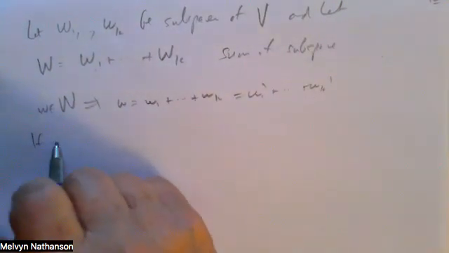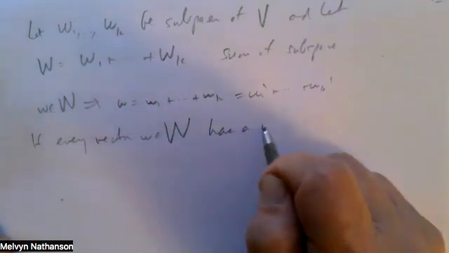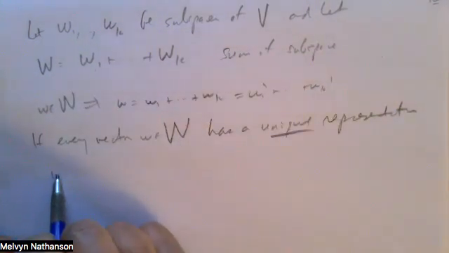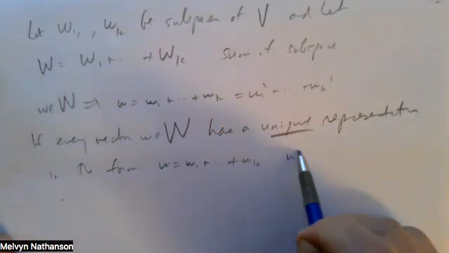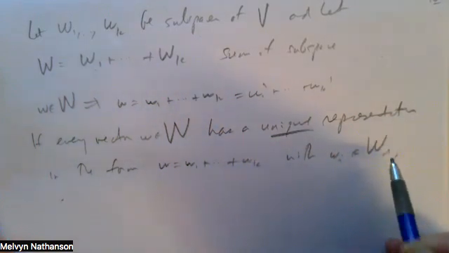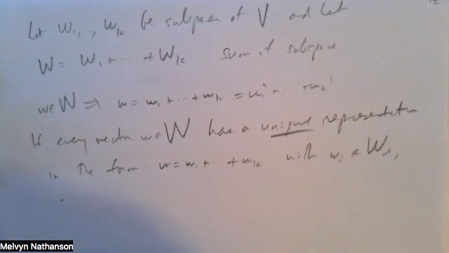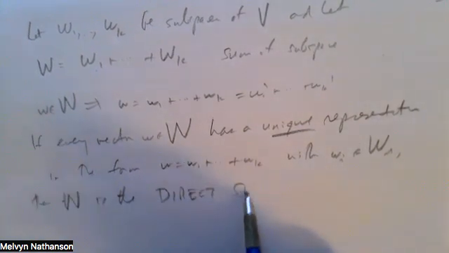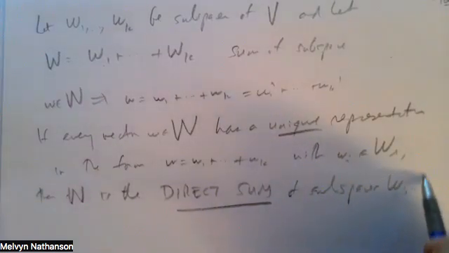If that doesn't happen, if every vector W in the subspace W has a unique, that means one and only one, representation in the form W is W1 up to WK, with Wi in capital Wi, then we say W is the direct sum of the subspaces W1 up to WK.